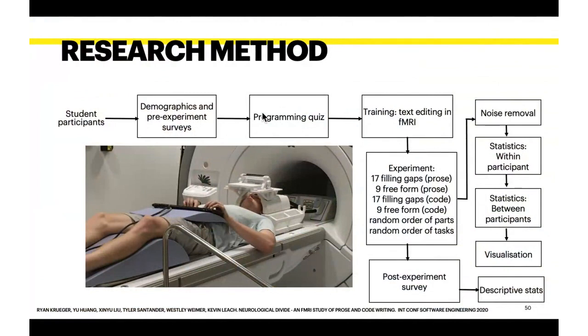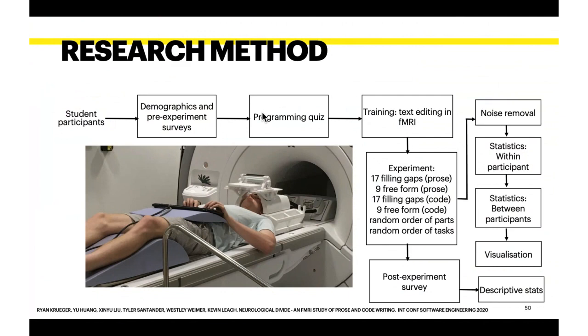So it's a functional magnetic resonance imaging. Some of you might have experienced it in the medical facilities. Here it has been used to understand which parts of the brain are being activated when specific tasks are being performed. And those specific tasks are related to programming and to writing prose.